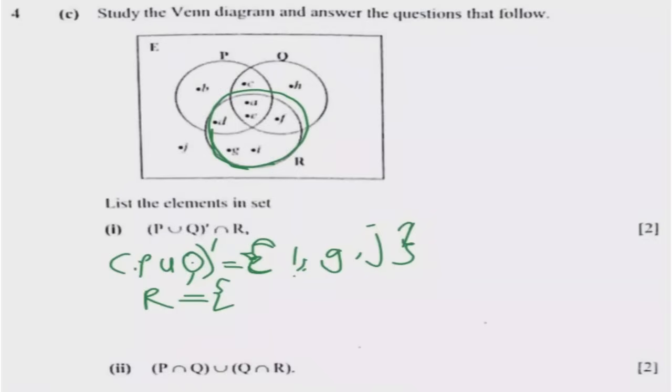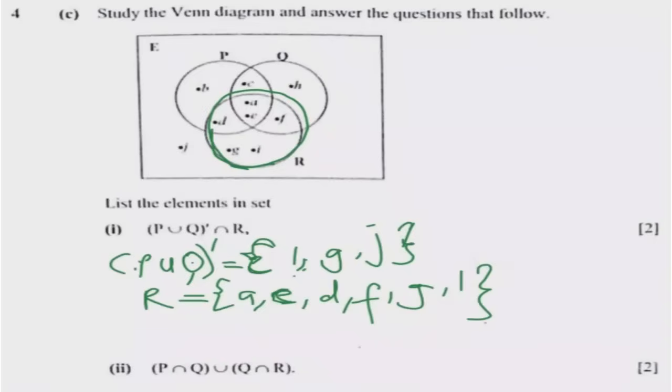So that is A, E, then we have D, then we have F, then we have G, and then we have I. I've recorded how many members? 1, 2, 3, 4, 5, 6. So there are 6.